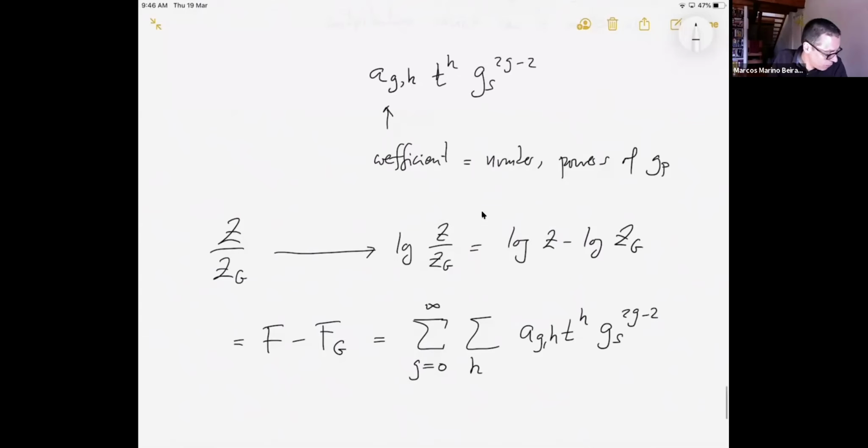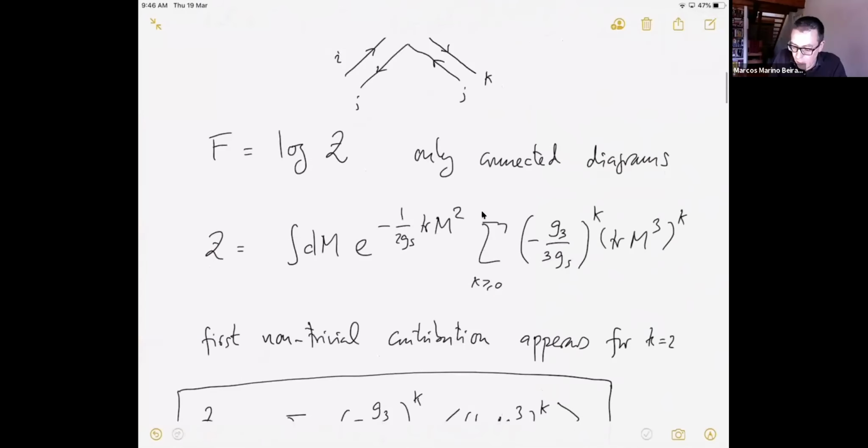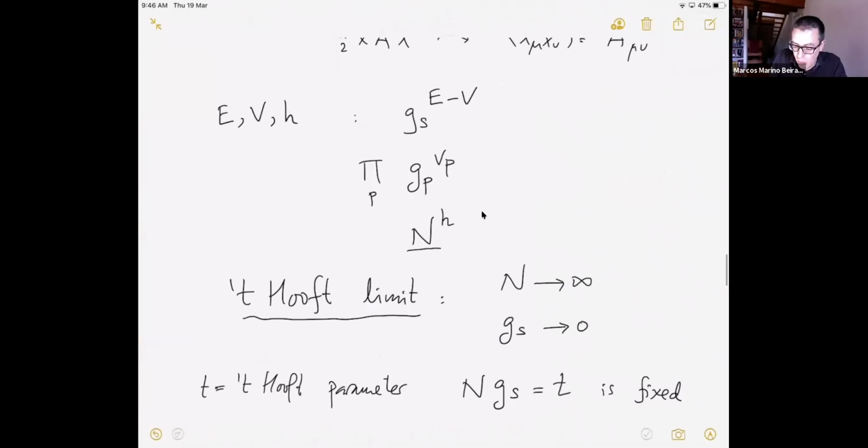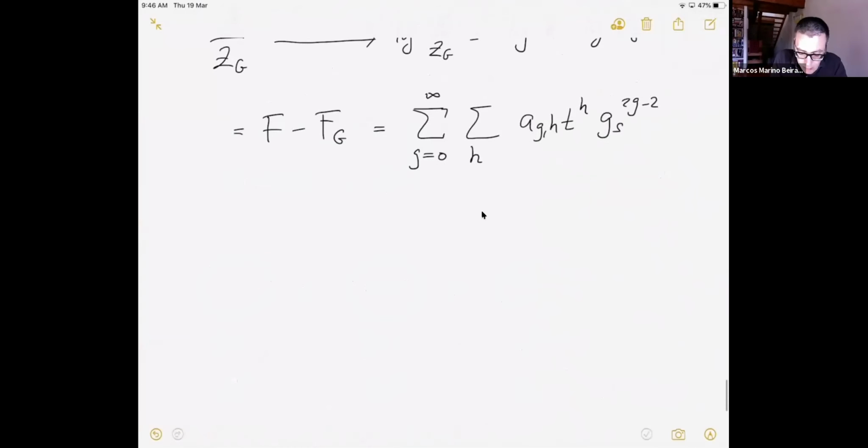Let me give you an example of this with the cubic matrix model that we just studied. So F minus F_G here is something that we computed, right?